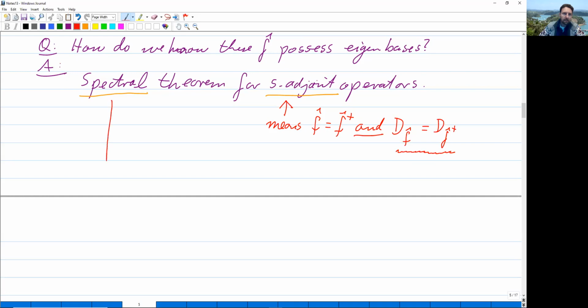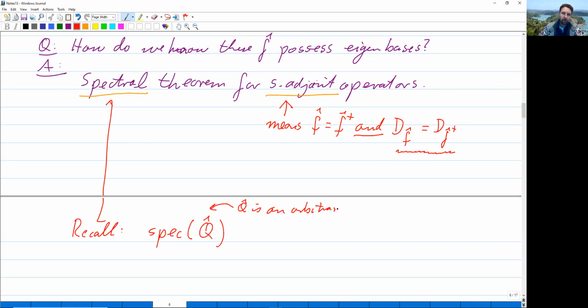Well, remember, recall the spectrum of an operator Q hat, where Q hat is an arbitrary operator.